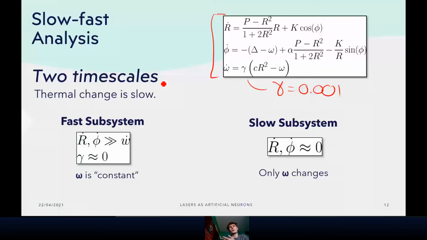And so what I can say is that omega dot is roughly 0, right? Gamma is effectively 0 here. So omega is a constant in our fast subsystem. The other approximation we're going to use is the slow subsystem, where R and phi finally lock on, they hit a fixed point, and they stop changing. So now these are roughly 0, and omega is the only thing changing the system.